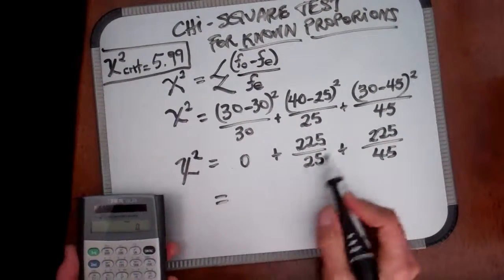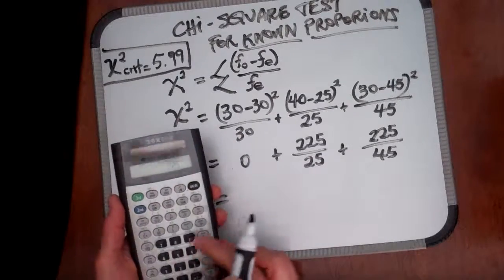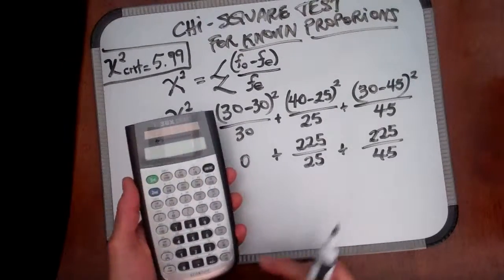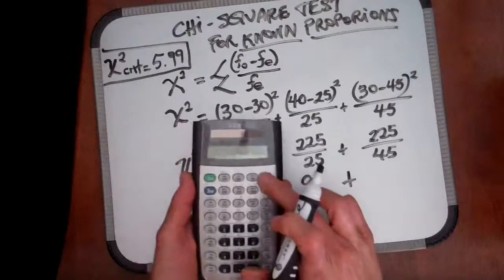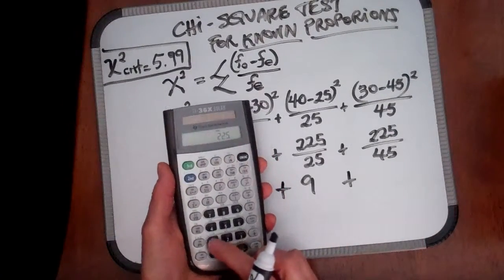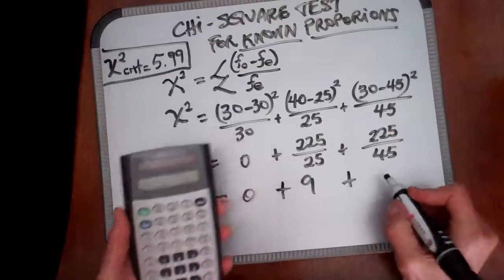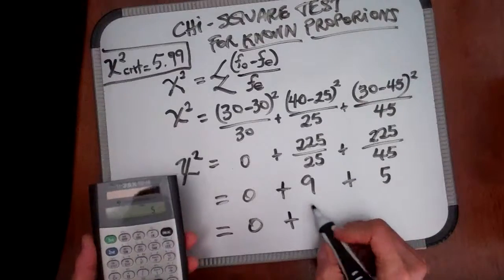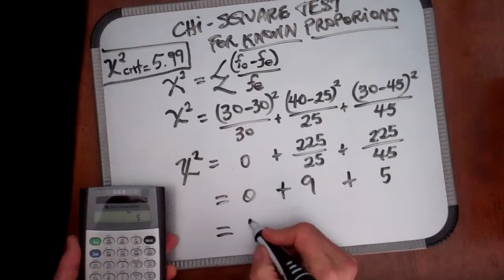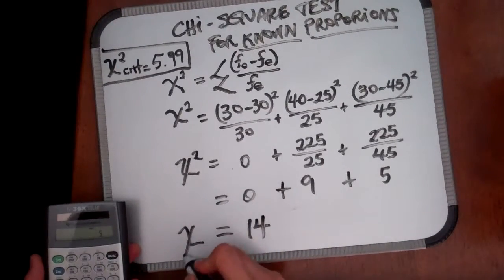If we calculate this through, 225 divided by 25 equals 9, and 225 divided by 45 equals 5. Right? So for this little problem, our chi-square value is 14.